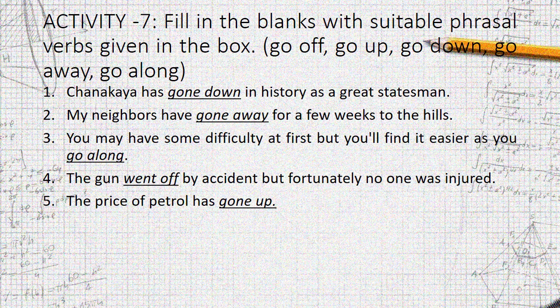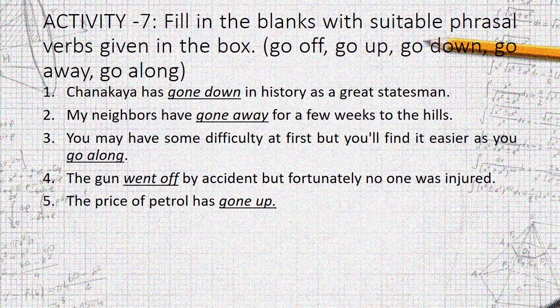Second, my neighbors have blank for a few weeks to the hills. Will it be go off, go up, go down, go away, or go along? It will be go away, but in this sentence we will be using it as have gone away. Here we have been given has. In the first one there was has because Chanakya is third person singular.